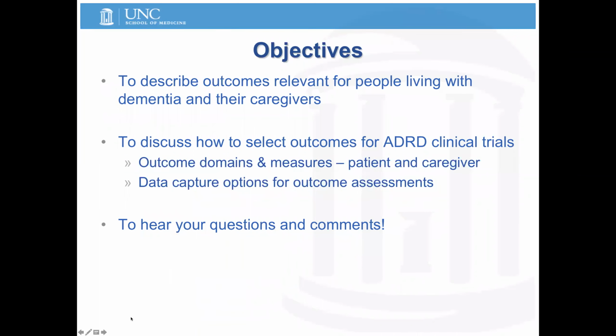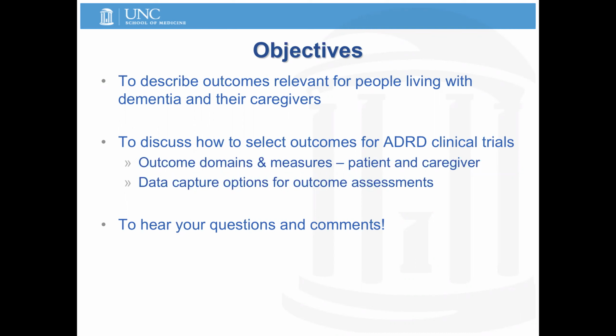Here are my objectives for the time that we spend together. I'm going to start out by describing outcomes that we know are relevant for people living with dementia and their caregivers, really the group that we want to address in this field of research.